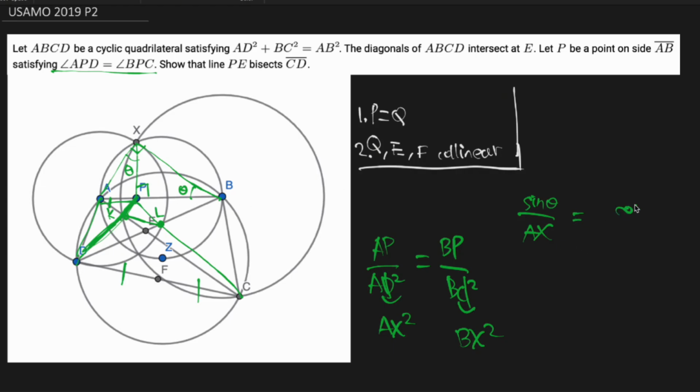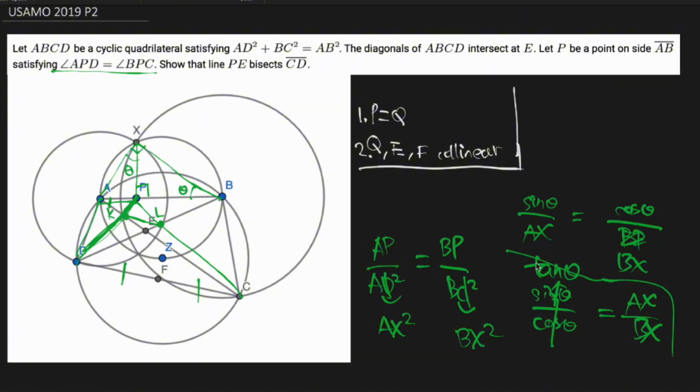So on the right-hand side, we have cosine theta over BX. So we can move things over a bit. We get that we want to show sine theta over cosine theta is equal to AX over BX. By the way, this is just tangent theta. So we want to show that tangent theta is equal to AX over BX.